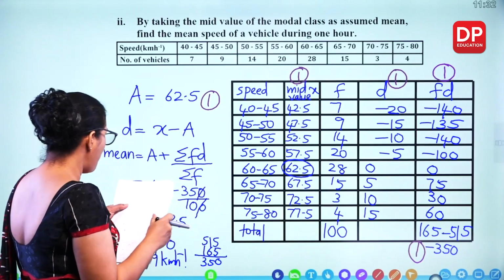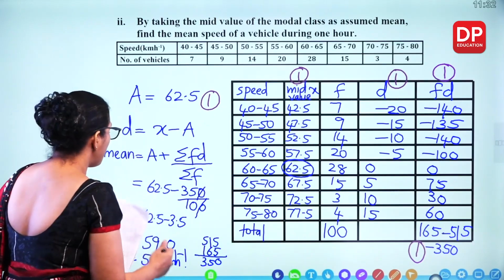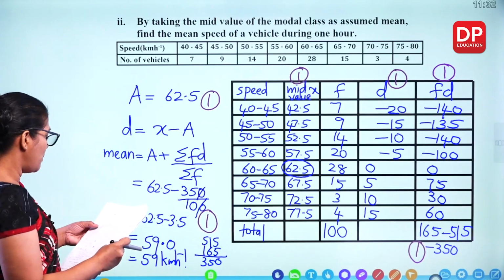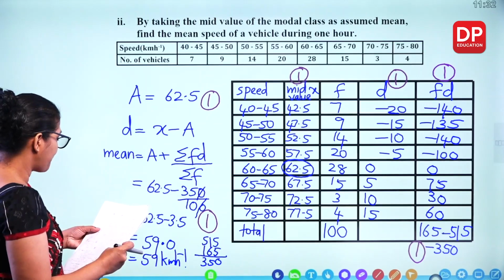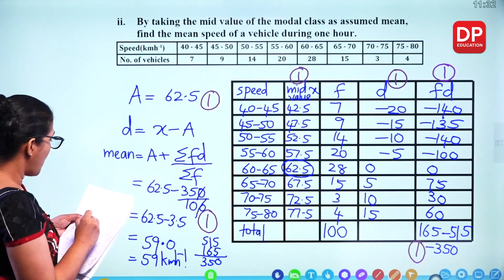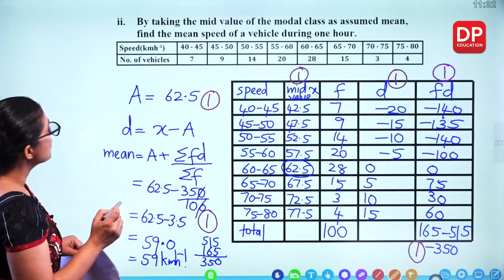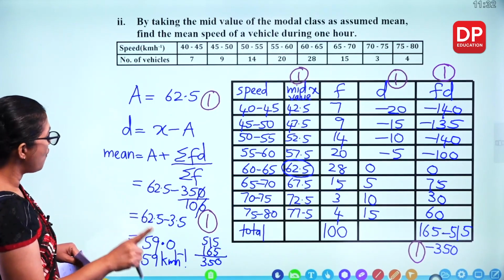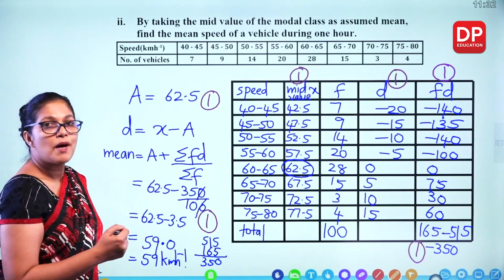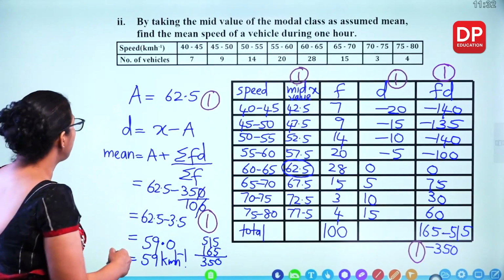So 4 there and 1 mark for this calculation, 59 kilometers per hour. And you get another 1 mark. So 4, 5, 6. 6 marks for this step.